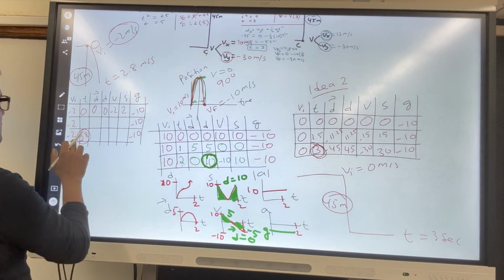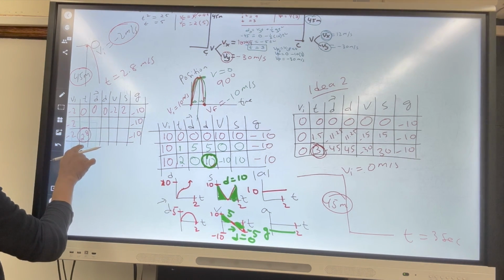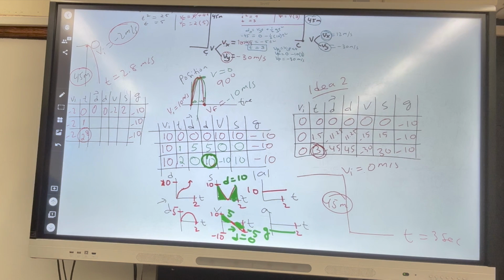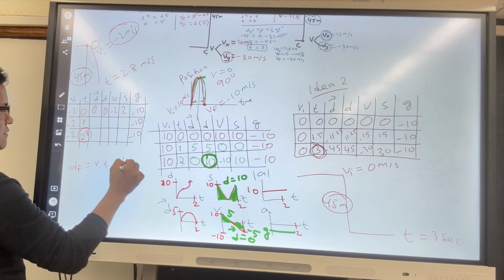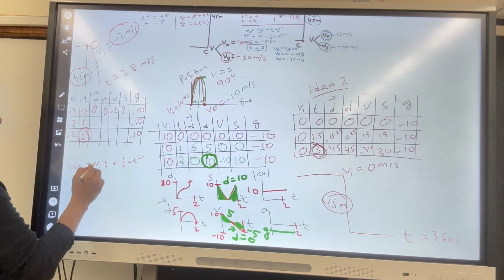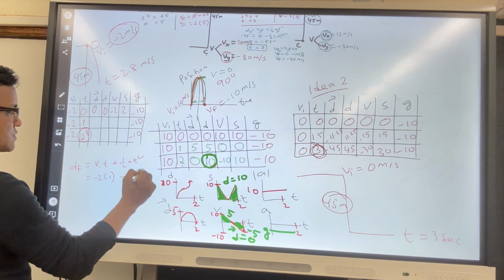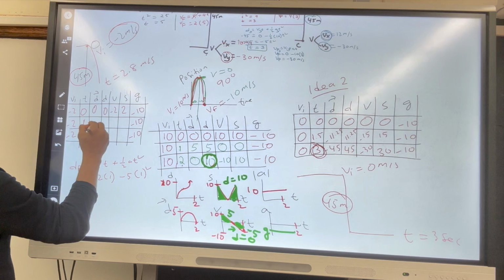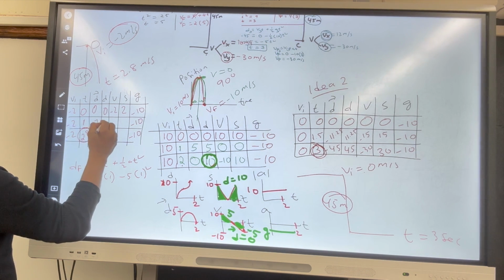Now 2.8, we need to know, okay, so let's say this one is, I don't know, this one is 1, right? At 1. So displacement at 1, displacement is Vit plus half at squared, right? So now this is -2 times 1, -5 times 1 squared, so -7. Displacement is -7 at the end of 1 second, right?